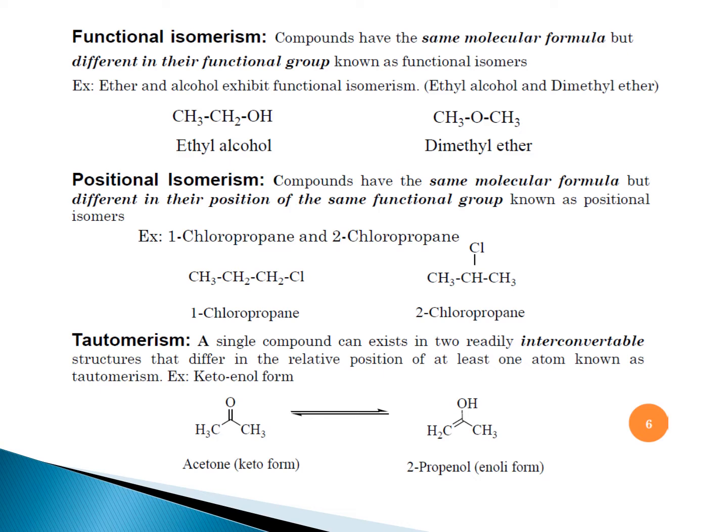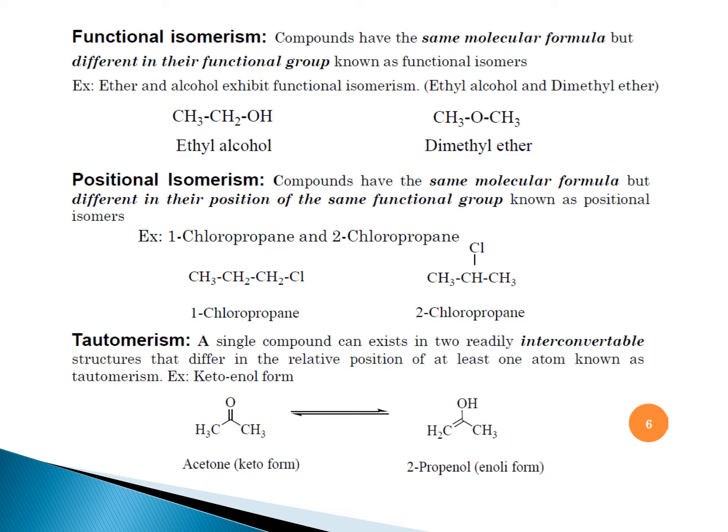The first one is functional isomerism, which is part of structural isomerism. Compounds that have the same molecular formula but differ in their functional group are known as functional isomers, and the phenomenon is known as functional isomerism.